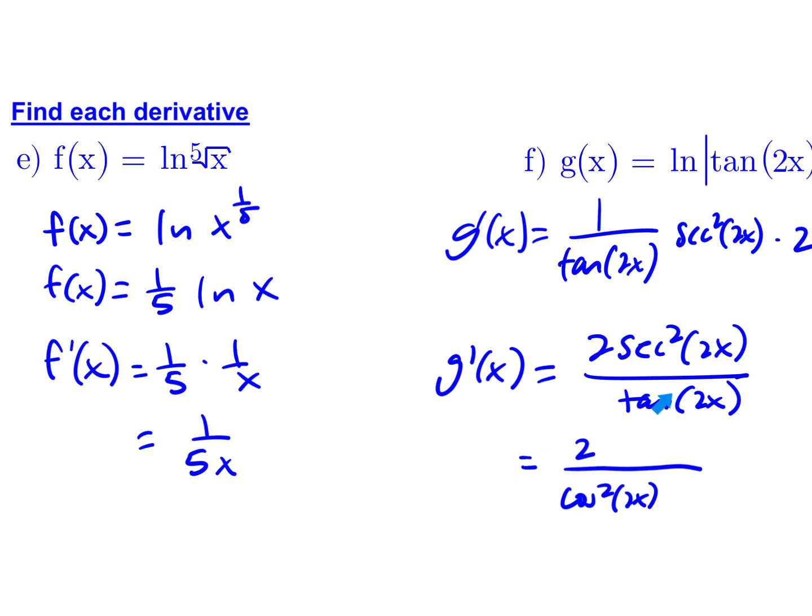Then since this is sine over cosine, but it's on the bottom, I flip it, it becomes cosine 2x over sine 2x. So I get 1 cosine to cancel, but then I'm still left with a cosine. Again, it goes back to that same idea. One of those can go, and I'm just left with 2 over cosine 2x sine 2x.